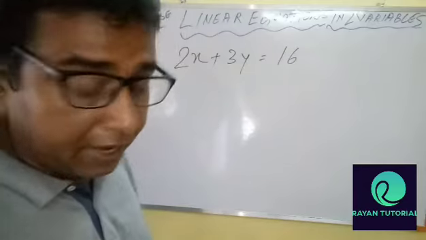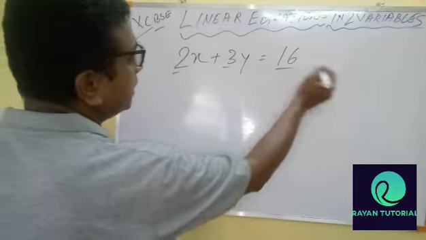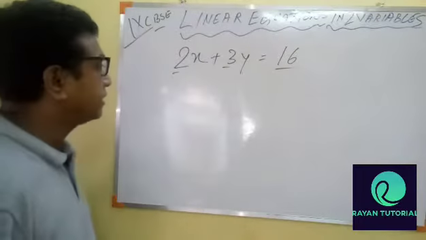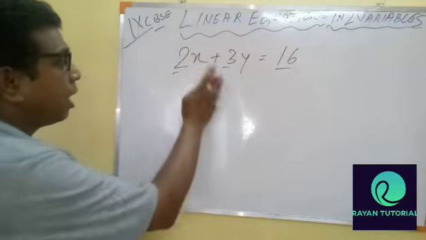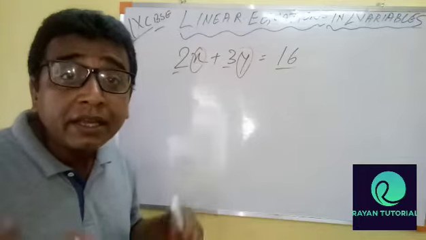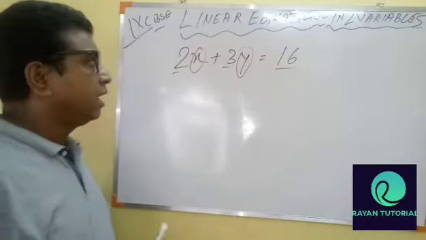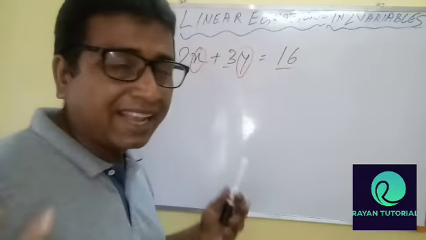Now you see, in this equation, these 2, these 3, these 16 are constants. You cannot vary the value. You cannot change the value. But this x, this y, the values can be changed. Suppose I tell you one example.